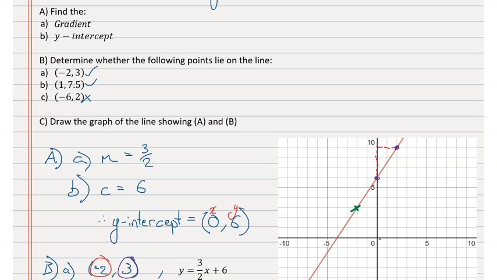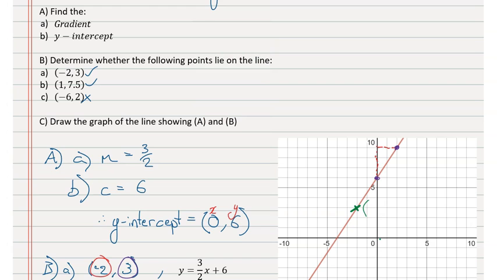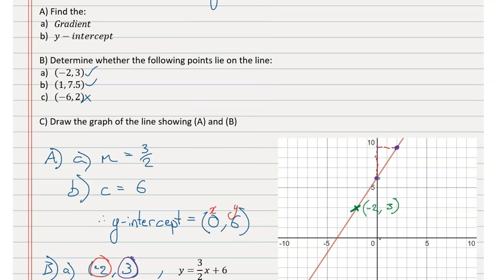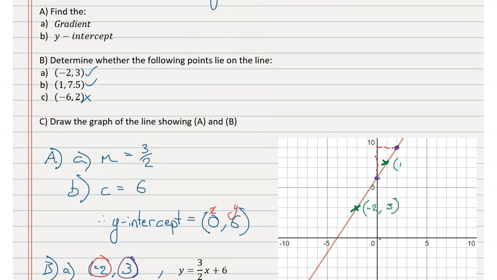So right there. And that is negative 2 and 3. Next one is we have to mark 1 and 7.5. So going to 1 is here, up to 7.5 is roughly there. So as we can see, 1 and 7.5.